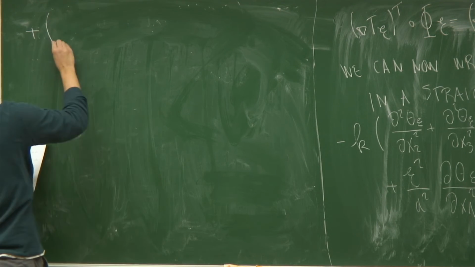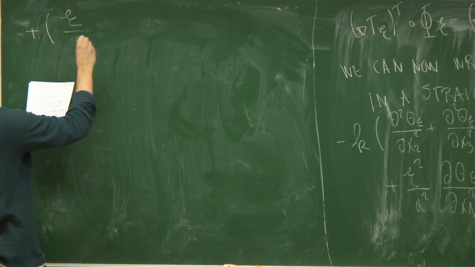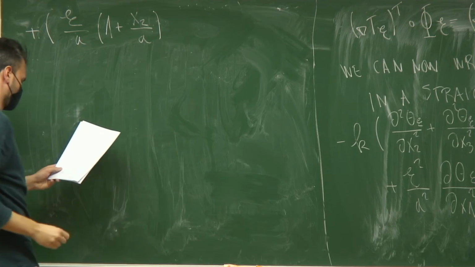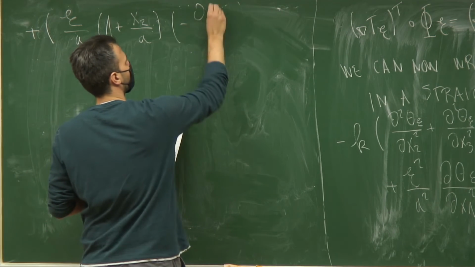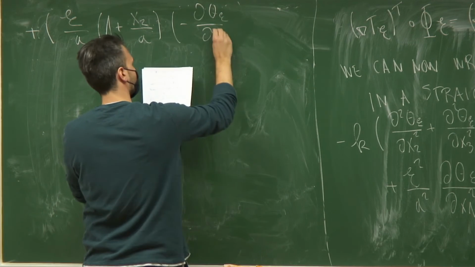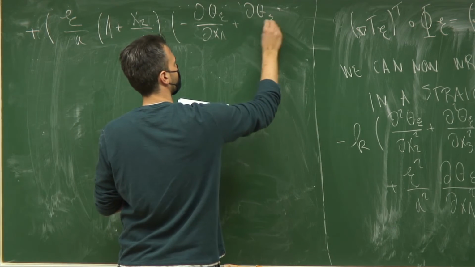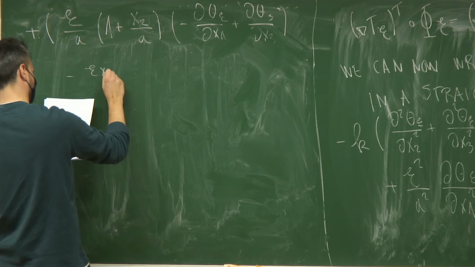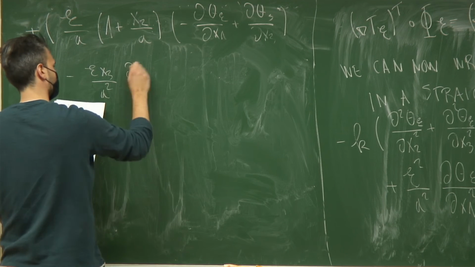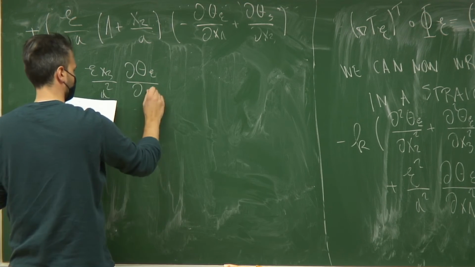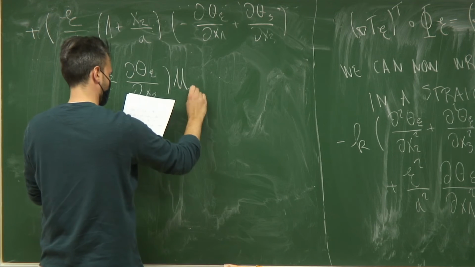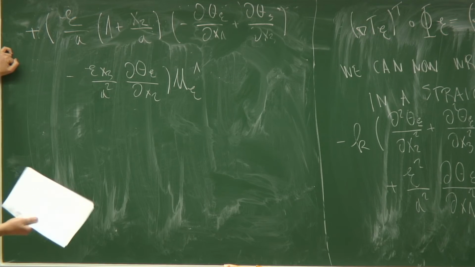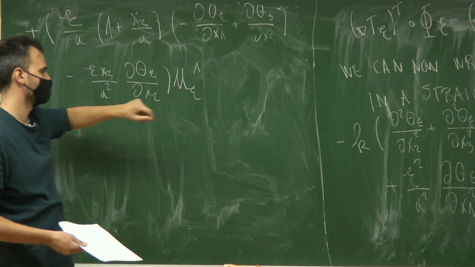Plus epsilon over a. So here you have this comes from the nonlinear term, which is now linearized since this u epsilon is known.